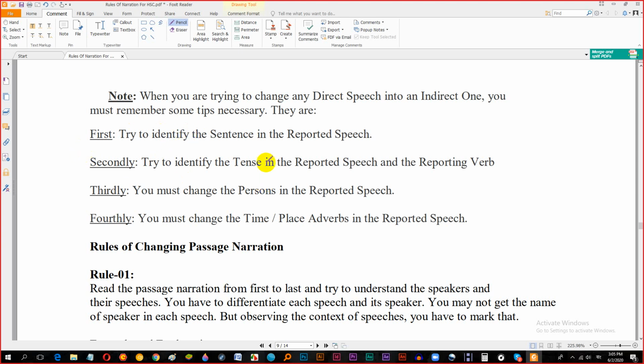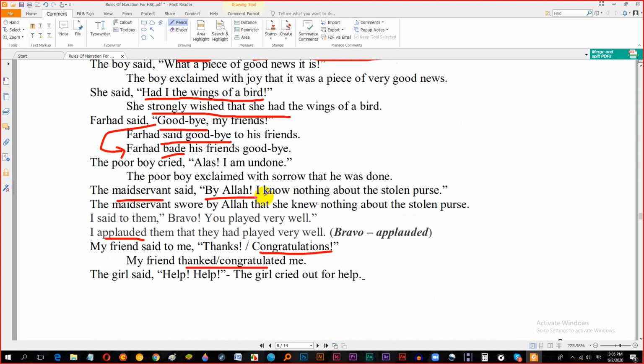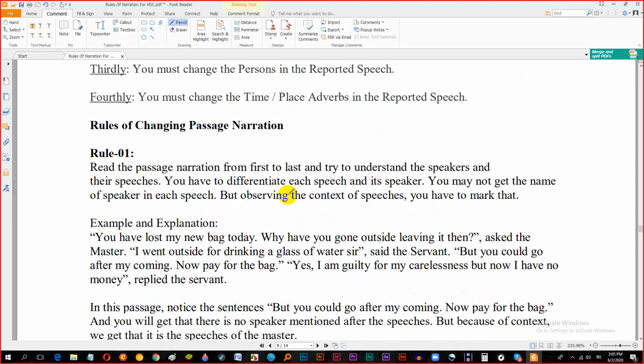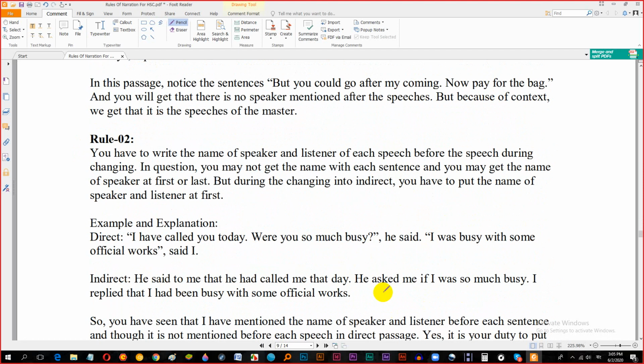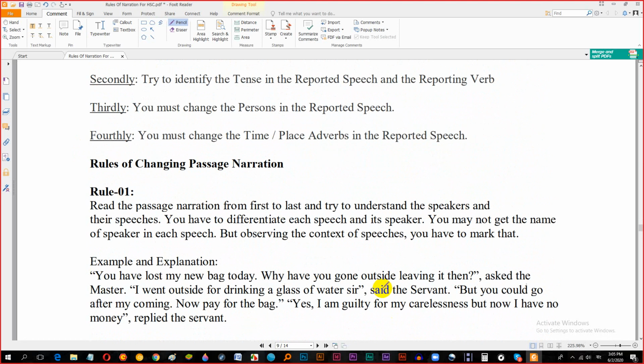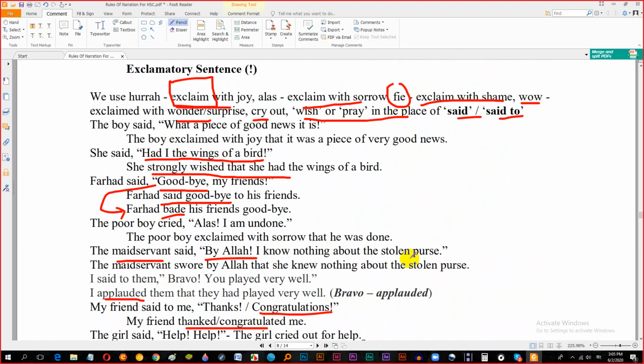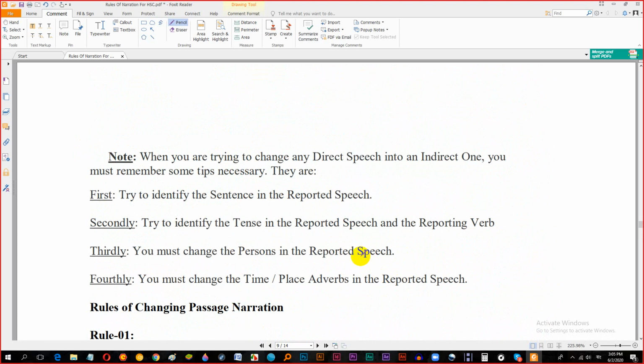Okay, so next day please revise these rules, all rules, up to page 8.